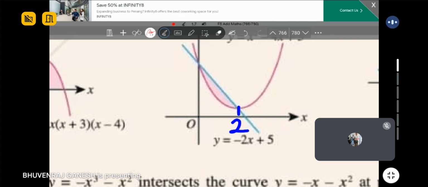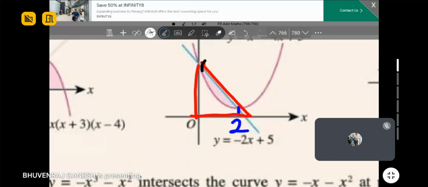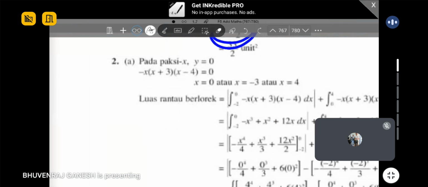Okay, kita kena ambil luas segitiga, tolak luas bawah lengkung. Okay, you take the red part minus the black part, then you will get the answer. Boleh lihat guys? So kita ambil luas bawah garis, tolak luas bawah lengkung. Okay? So pengamilan macam biasalah, your normal step.